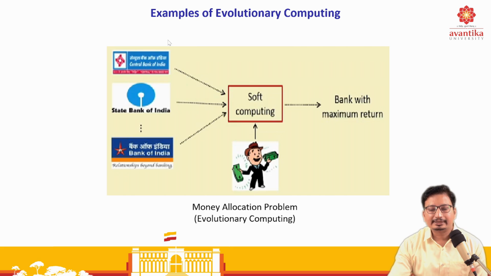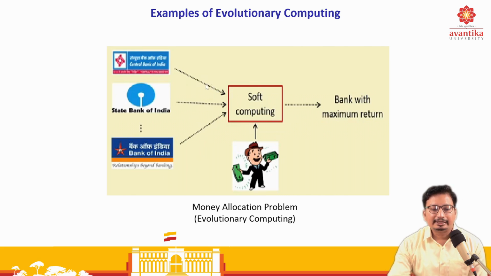Now let us understand the concept of evolutionary algorithms with the help of a real world example. In this slide we have the money allocation problem. A person has money and wants to invest in different sectors so that he can earn maximum return from it.